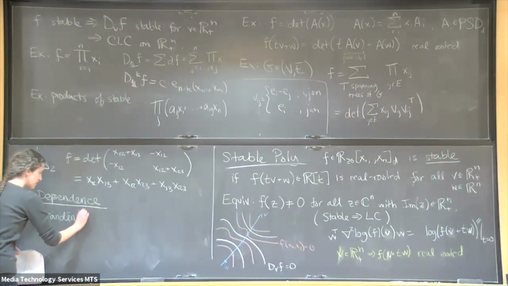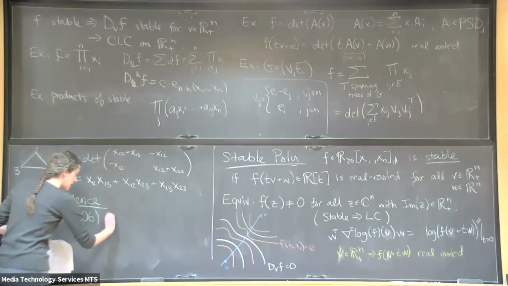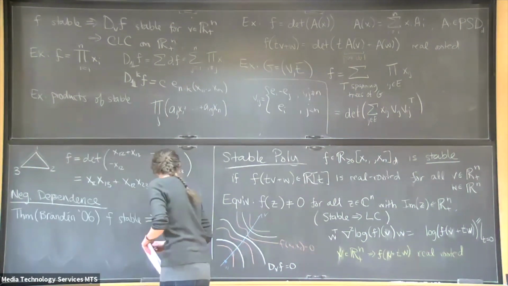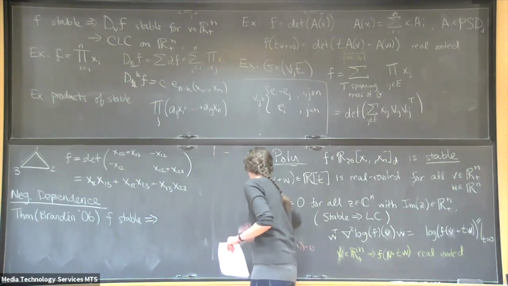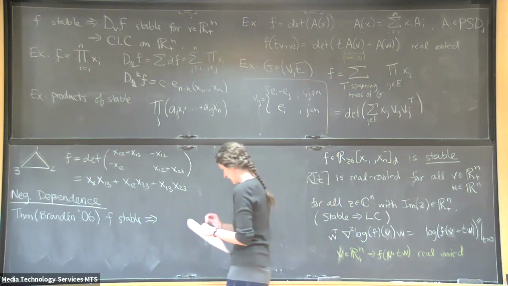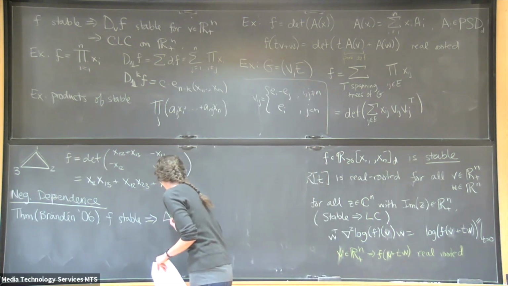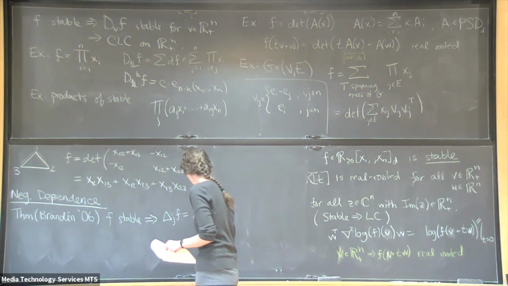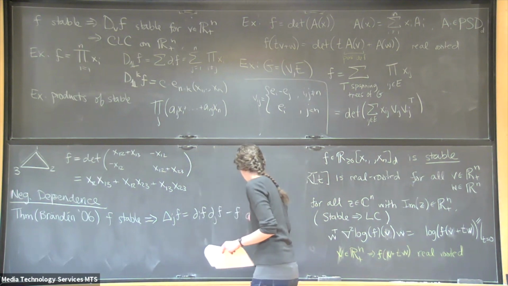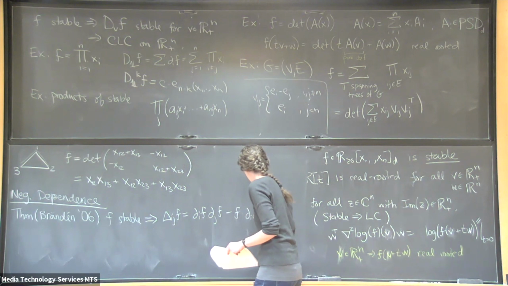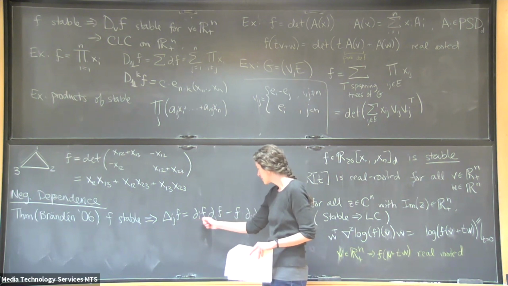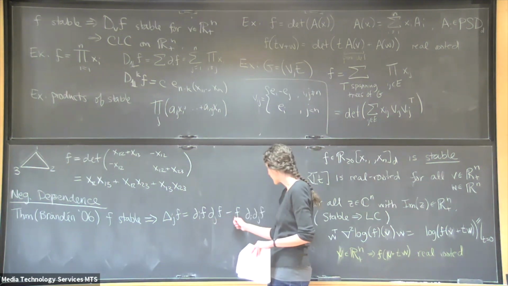So for example, something shown by Cynthia Vinzant is that if F is stable and has non-negative coefficients, then a certain polynomial you can associate to it, so I'll write down, you take the derivative, you pick two variables, multiply the derivatives of f, and then subtract off f times the derivative of both.